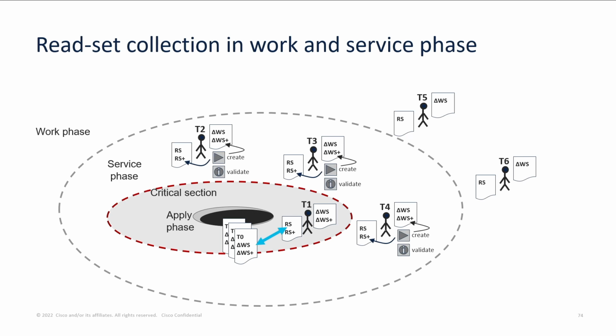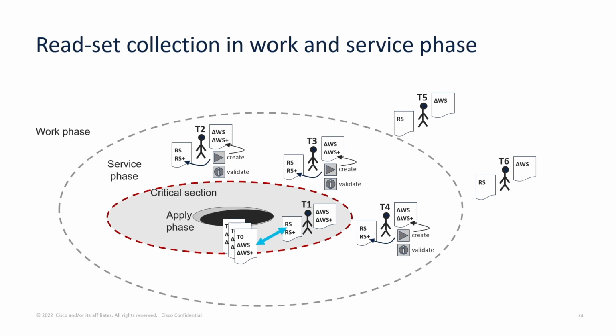And then at some point, the transaction is going into commit, and this first inner circle is that. At that point, we do the validations and the service invocations, and we tag these parts of the reads, these parts of the writes, as separate, coming from a service or validation phase.